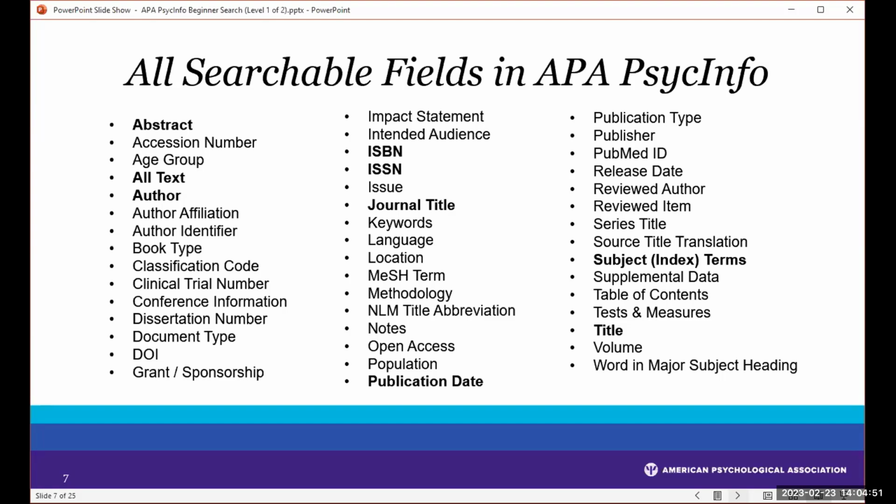APA Publishing has put a lot of effort into creating each APA PsycInfo record, extracting key pieces of information from many levels of detail. This professional indexing process provides not only a comprehensive view of the resource, but also a unique opportunity for powerful and precise searching that's only available when searching APA PsycInfo directly and independently of other databases.